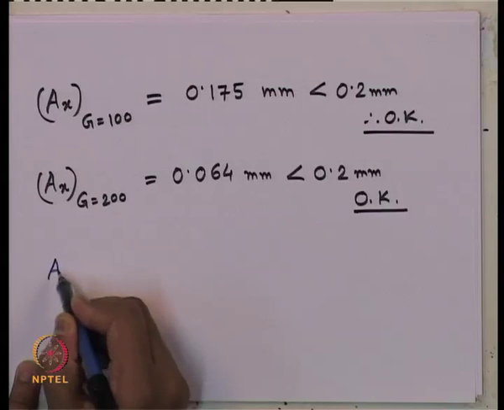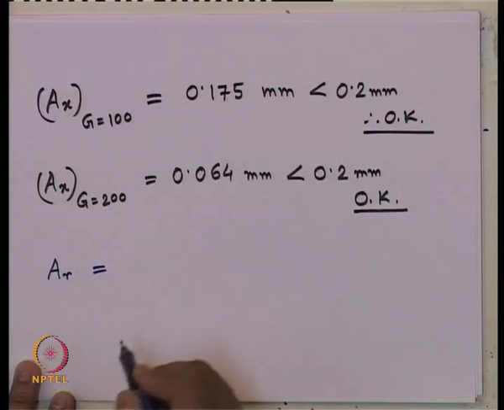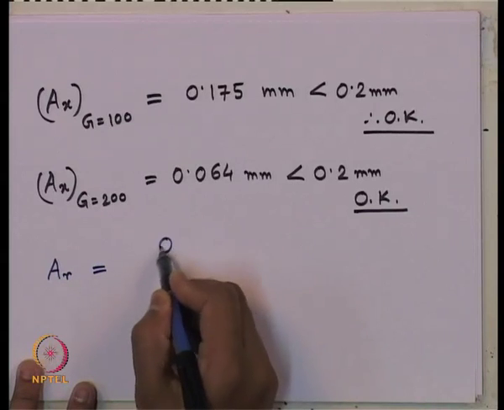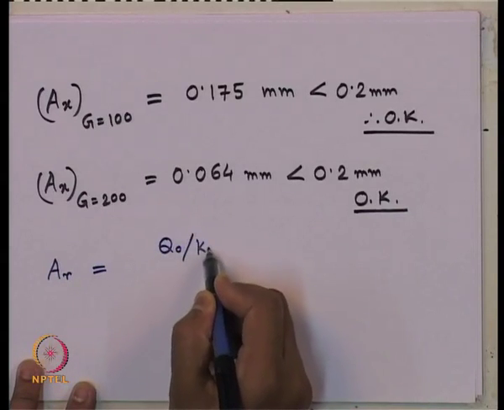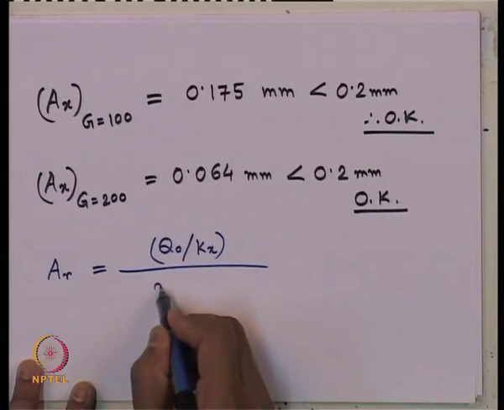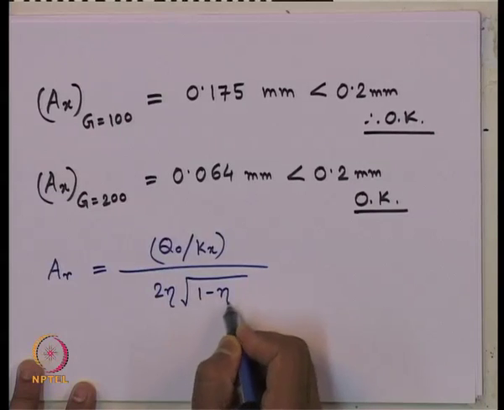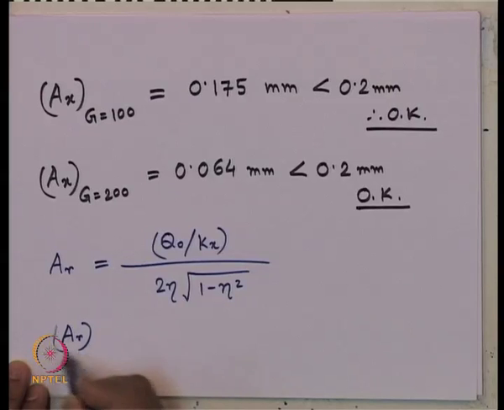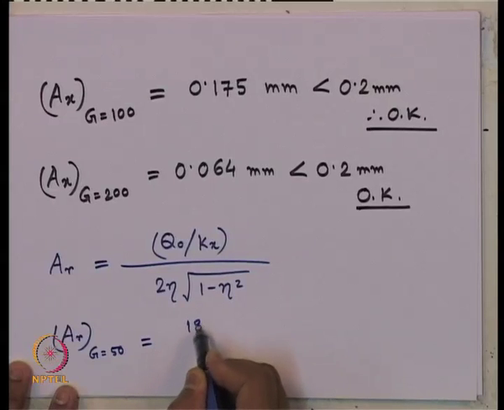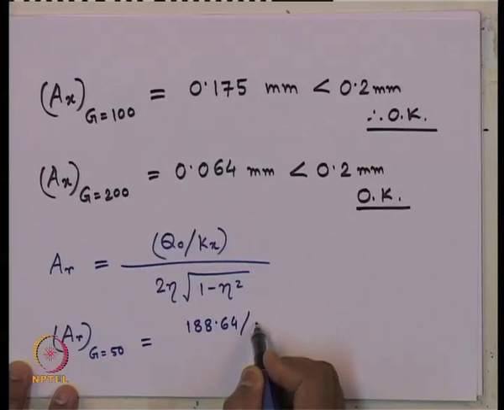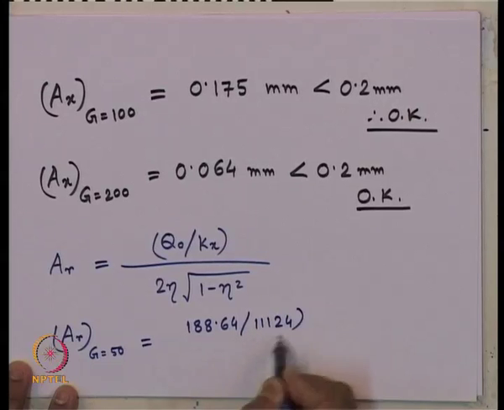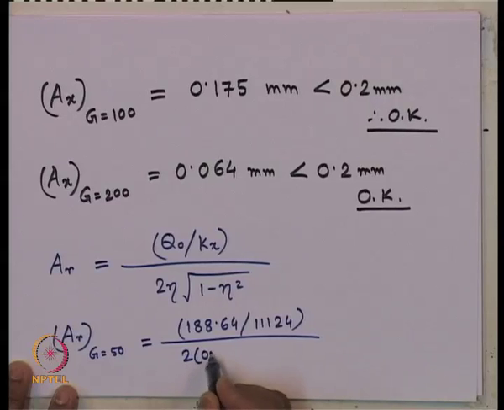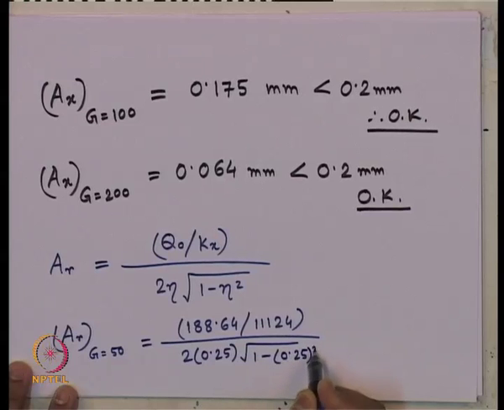So, displacement amplitude A r at resonance condition. What is the expression? We know this, Q naught by k x by 2 eta root over 1 minus eta square. Therefore, A r for G equals to 50 TSF will be, Q naught is how much? 188.64, k x is 11124, 2 eta is 0.25, 1 minus eta square, 0.25 square.